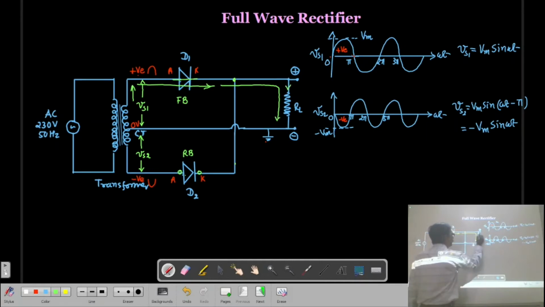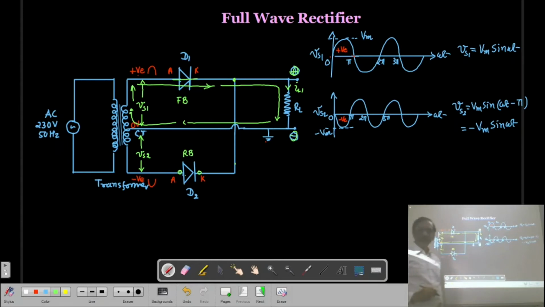So it will pass through the RL and come back to the transformer. So here this current will flow like this. We can call this current IL1. This current is entering from this point, so this terminal is going to be positive, and it is coming out from this end, so this terminal is going to be negative. Then the current will complete the path.